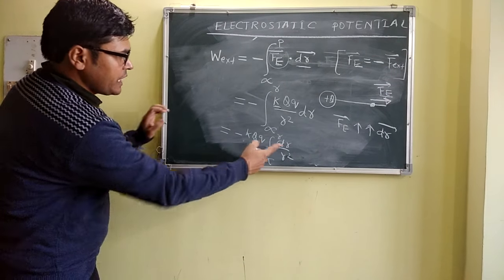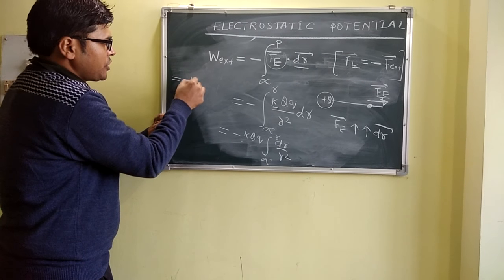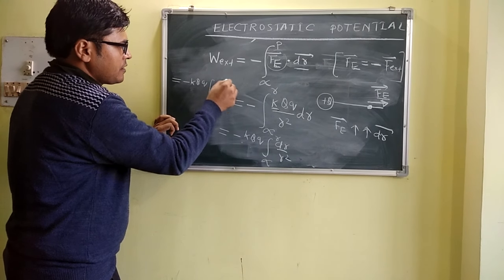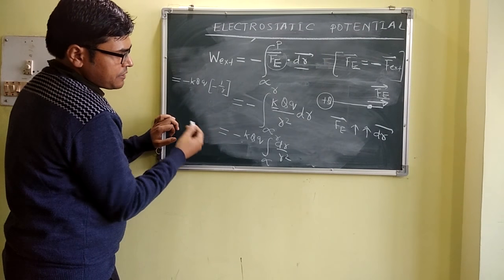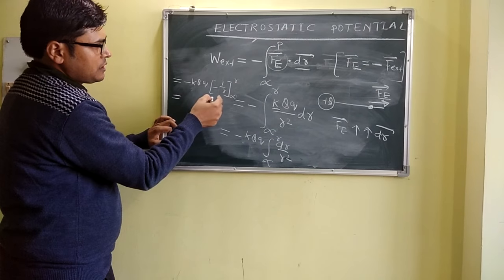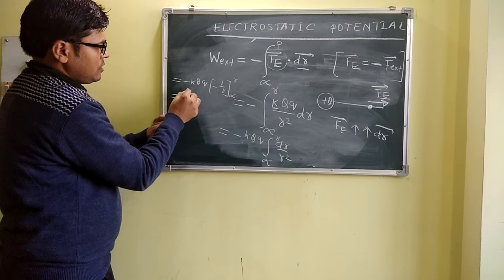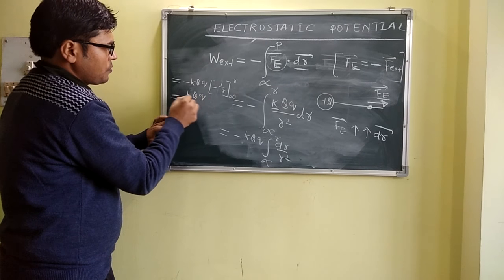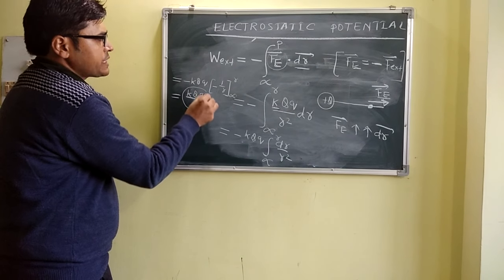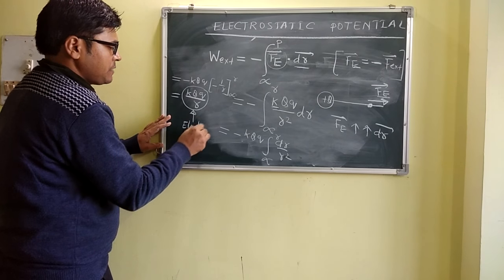Now when we evaluate it, this comes to be minus KQQ times minus 1 by R after integrating from infinity to R. This comes to be KQQ by R. So this is basically the electrostatic potential energy, right?